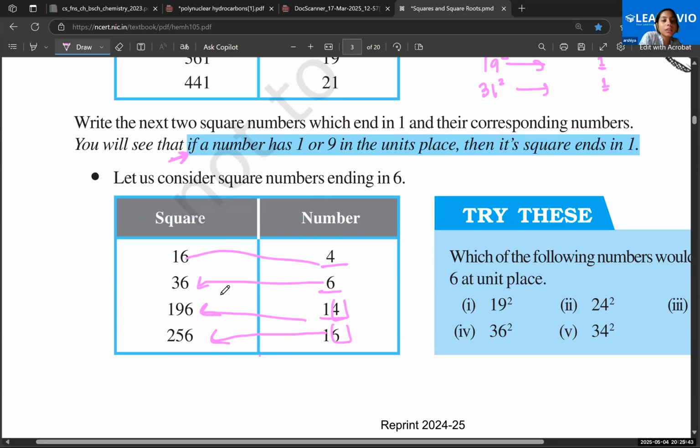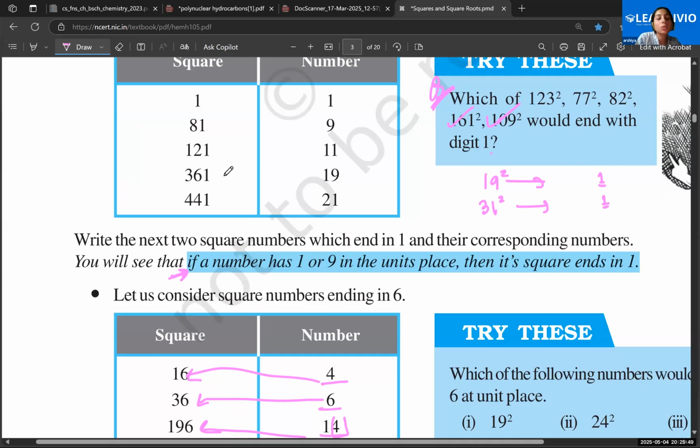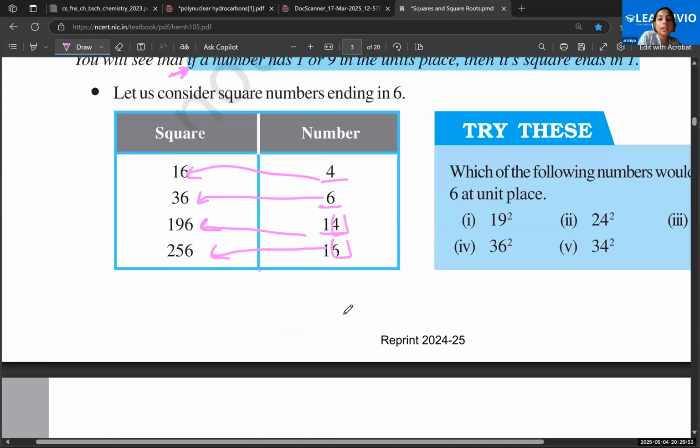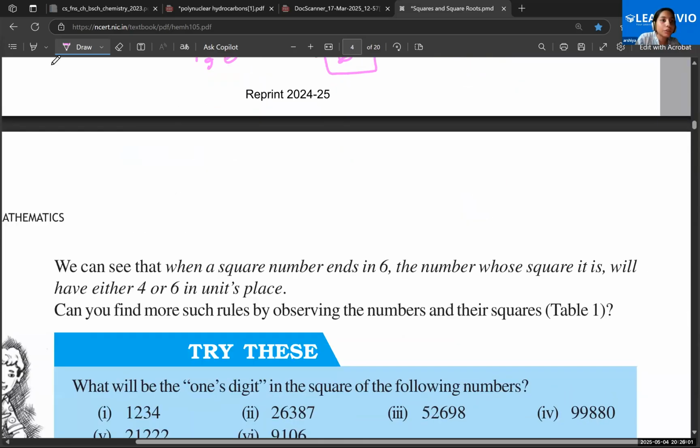So the same thing here, it was 1 and 9, and the squares were ending with 1. And here the numbers are 4 and 6 in the ones place, and the squares are ending with 6. Let me underline it for you.